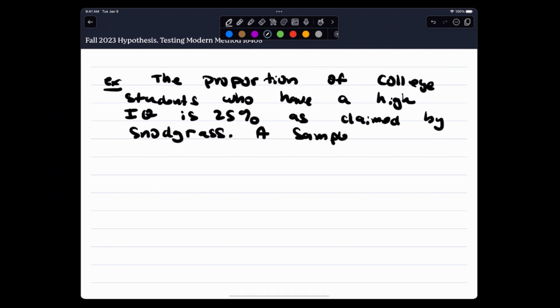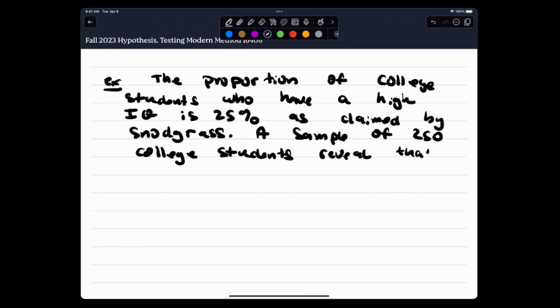A sample of 250 college students reveal that 28 have a high IQ.